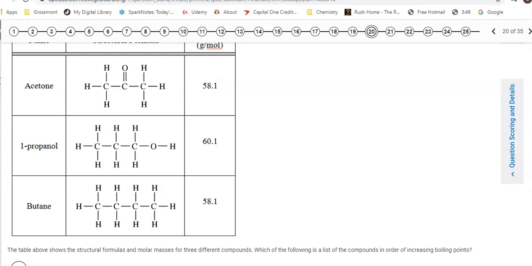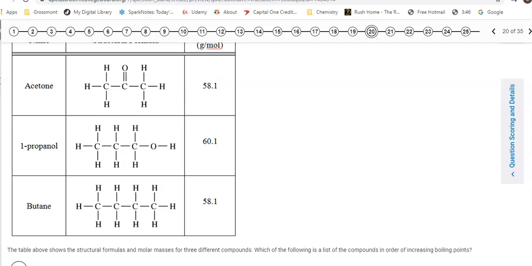So that has dipole-dipole. Propanol can have hydrogen bonds because it's a hydrogen attached to an oxygen. So that hydrogen can go find the lone pair on another oxygen, fluorine, or nitrogen atom in another molecule, and that's the strongest type of intermolecular force. So I'm just drawing some conclusions before I even look at the question.